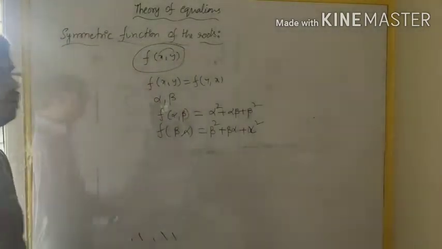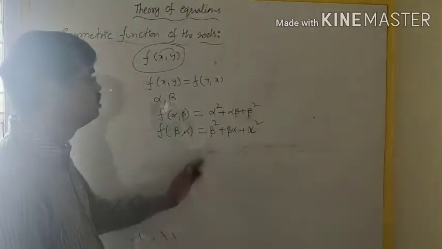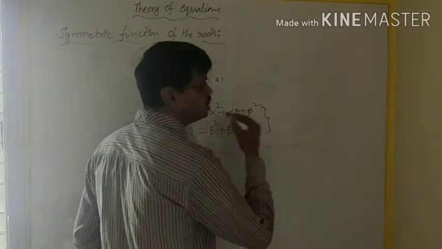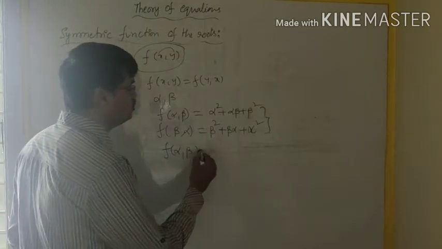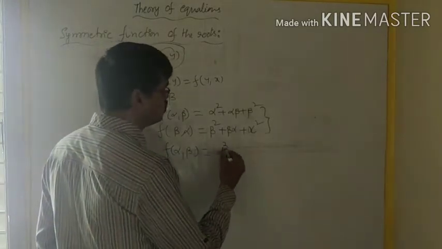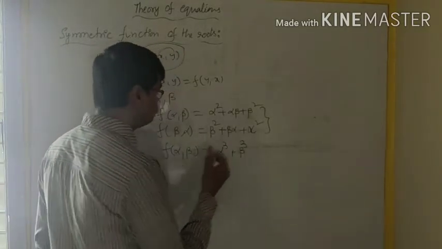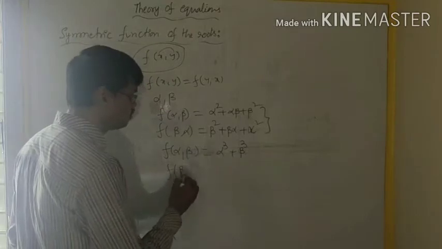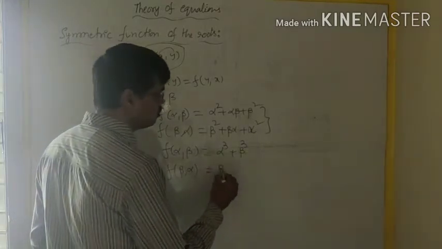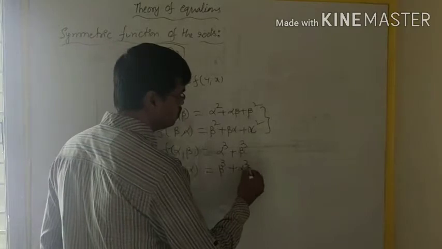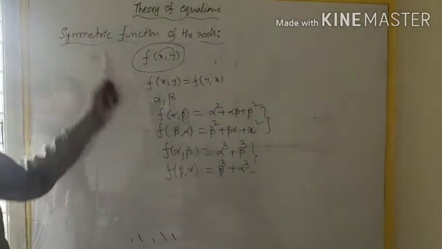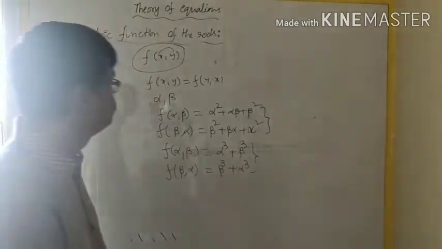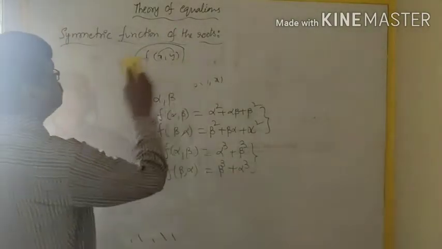If you replace alpha with beta and beta with alpha, the expression remains unchanged. One more, if you take f of alpha comma beta equals alpha cube plus beta cube, then f of beta comma alpha also will be beta cube plus alpha cube. So such an expression we call a symmetric function of the roots.